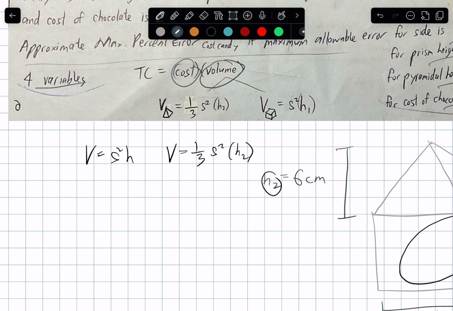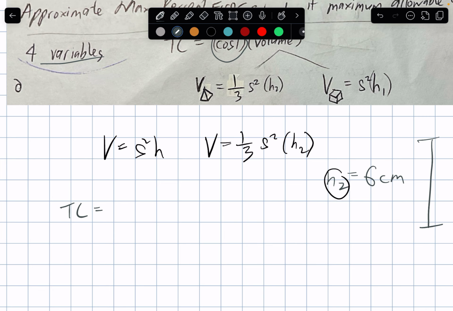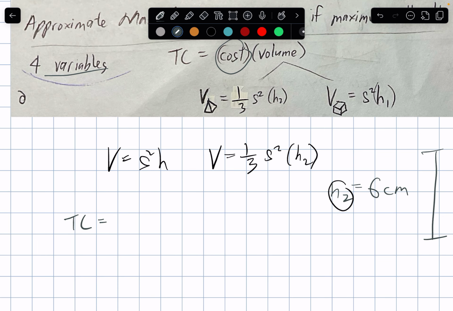So these are the volumes, and the total cost is cost times the volume, right? So what I wrote here were the volumes. Now let's write TC in consideration of those. So we have cost times S squared H1, don't forget this is H1, plus 1/3 cost times S squared H2.